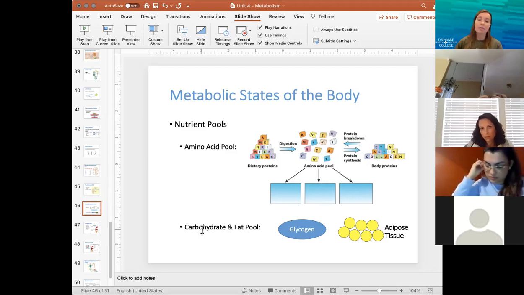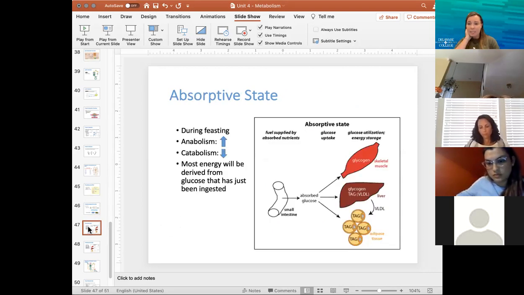They have to be converted into either glycogen or fat and then stored. Okay, so that's an overview of the main nutrients and their uses and how they can be stored.